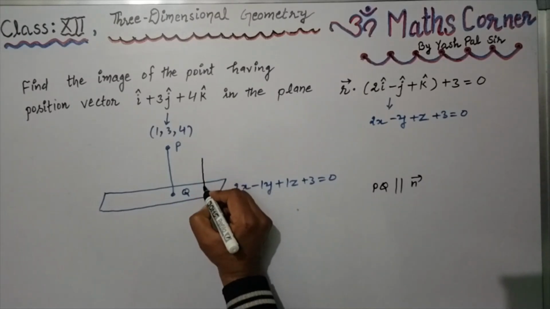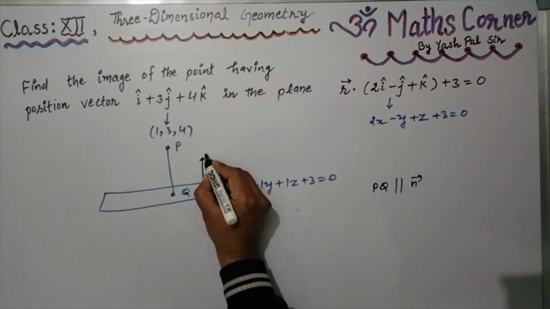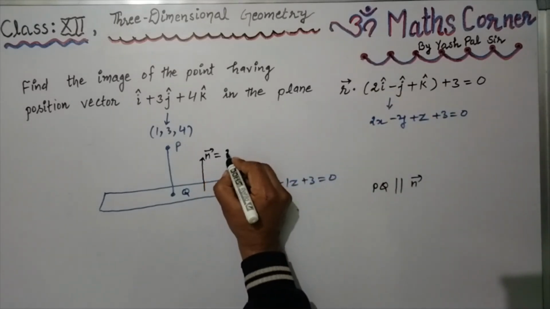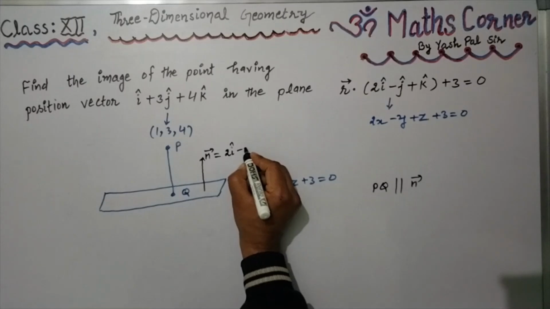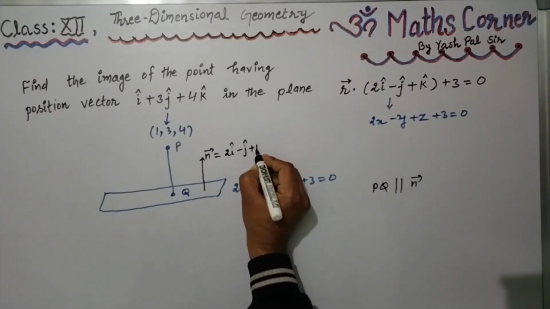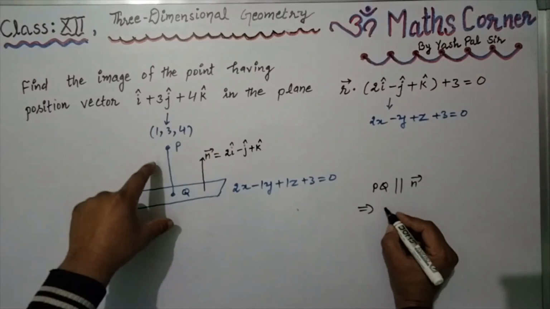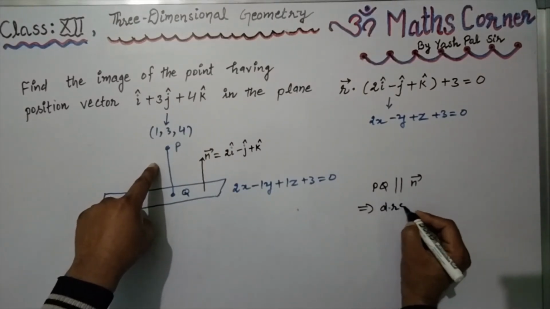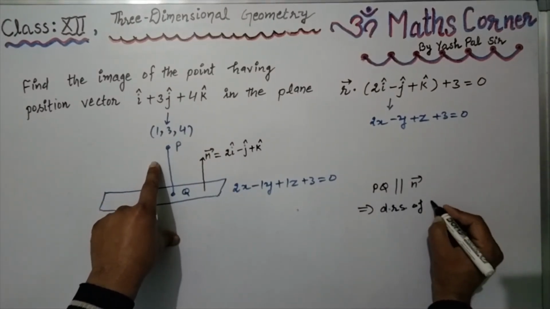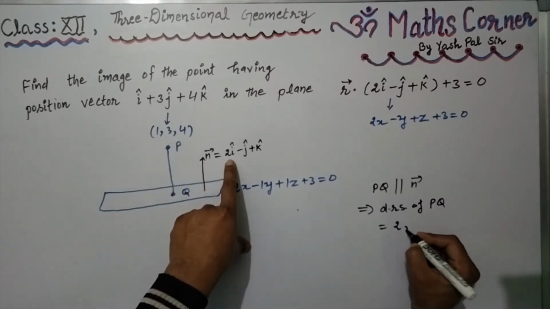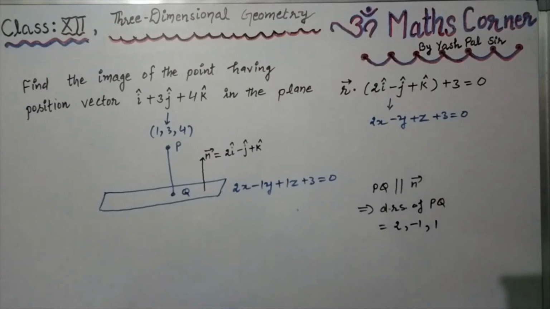What is the normal? The normal vector n here is 2i minus j plus k. Meaning to say, the direction ratios of PQ are 2, minus 1, 1.